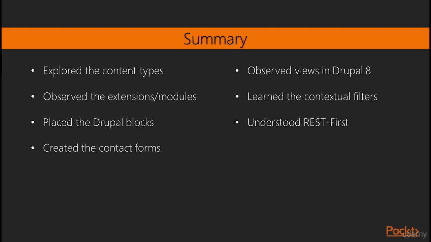And then we've also leveraged the contextual filter system within the Views module to create dynamic page-by-page displays and blocks. Then we took a quick look at the REST First initiative created by Drupal in order to port data out of Drupal instead of in.